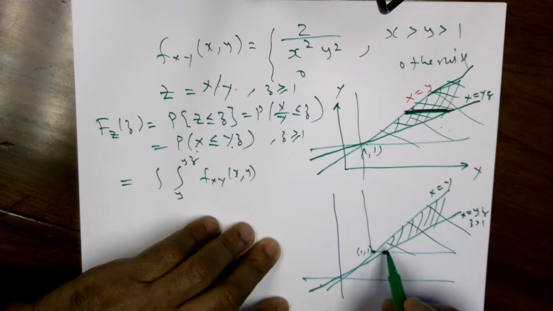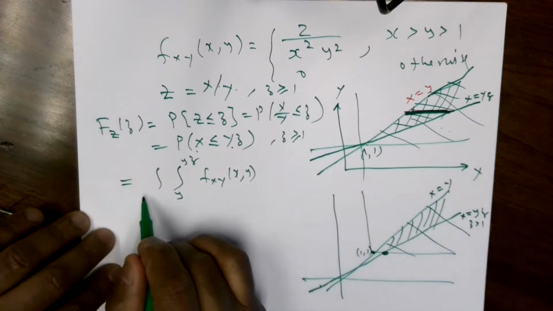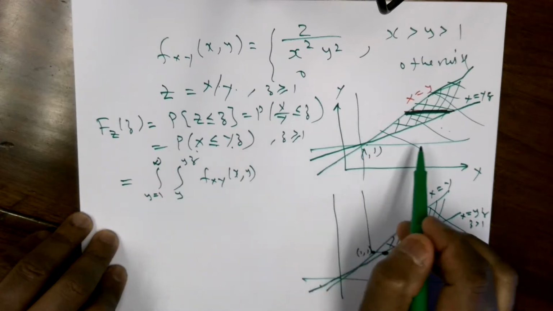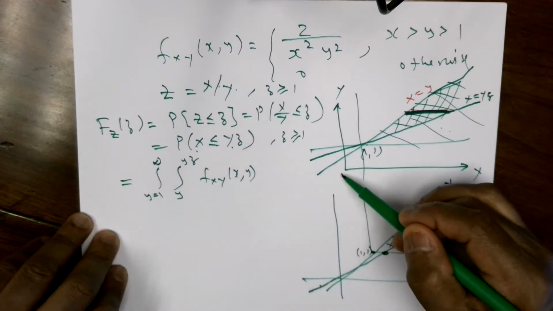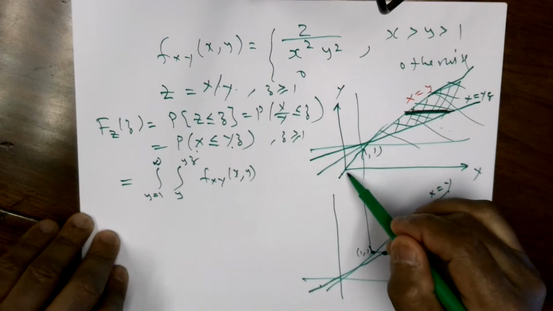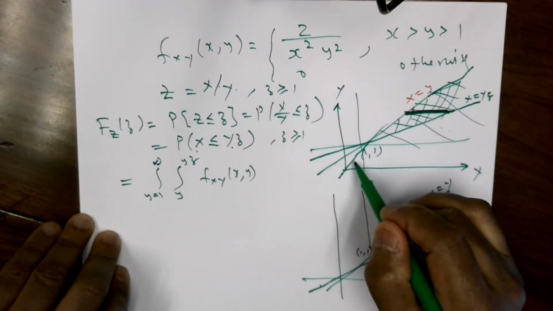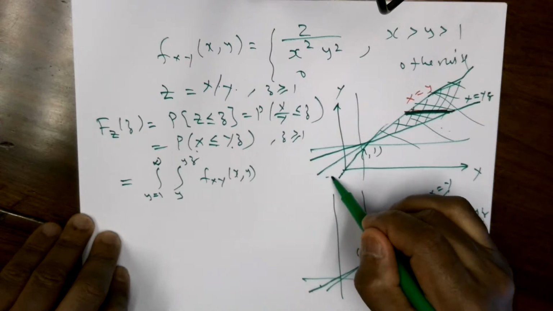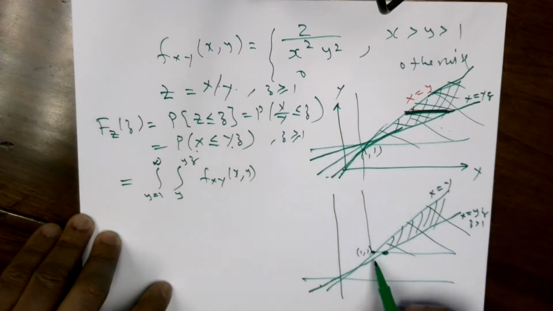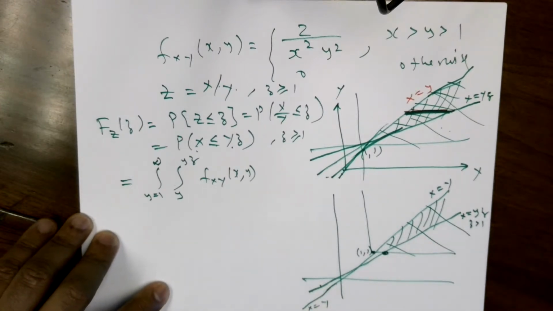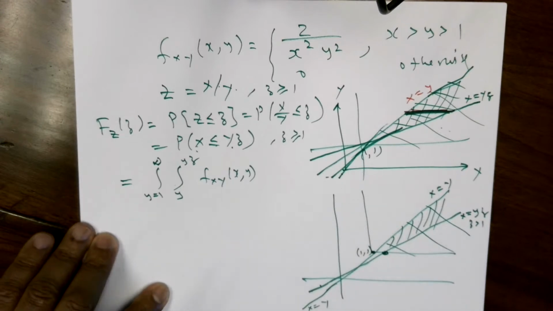So y goes from 1 through infinity, the outer limit. Everything else will be the same, even though x equal to yz would also go this way, which I redrew here. So this is the line x equal to y. This is the line with the greater slope, x equal to yz.